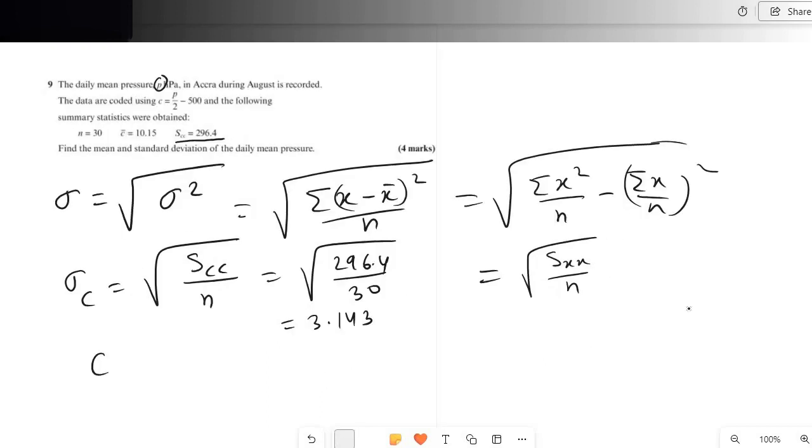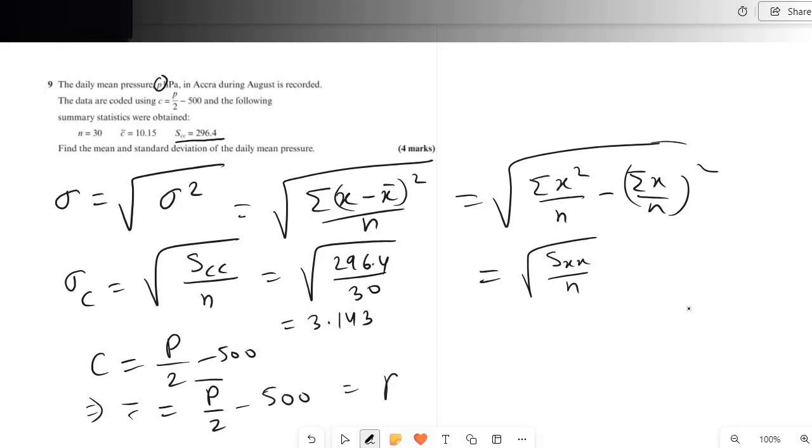Now, because C is equal to P divided by 2 minus 500, we can say that the mean of C has to be equal to the mean of P divided by 2 minus 500. So making the mean of P the subject, we can say that it has to be (mean of C plus 500) multiplied by 2.